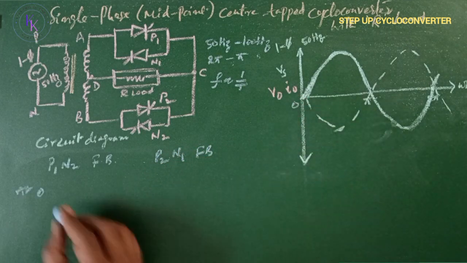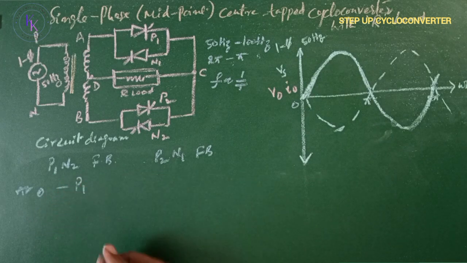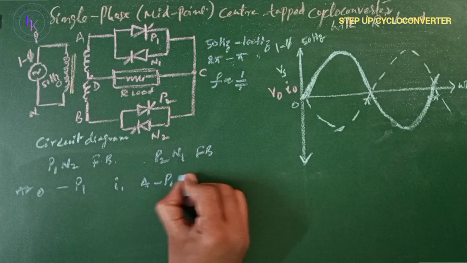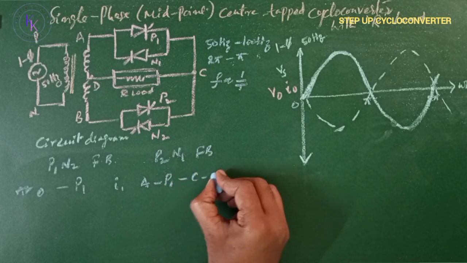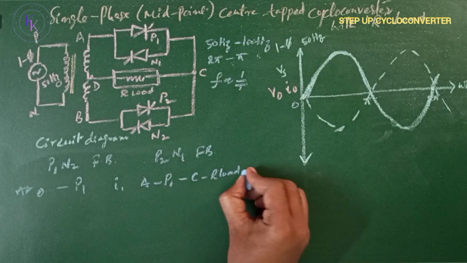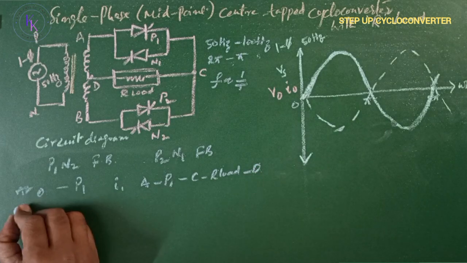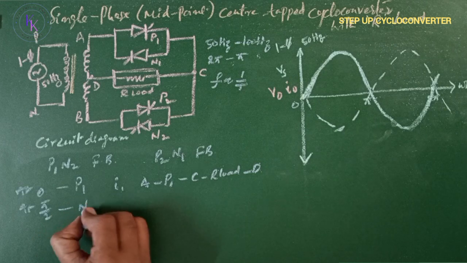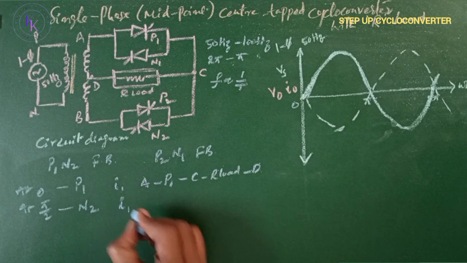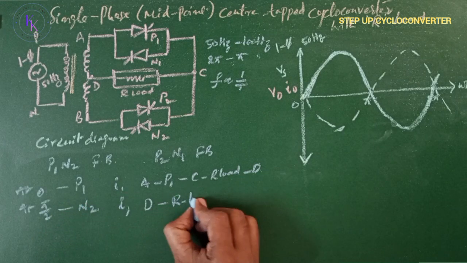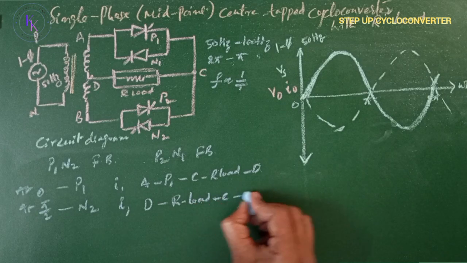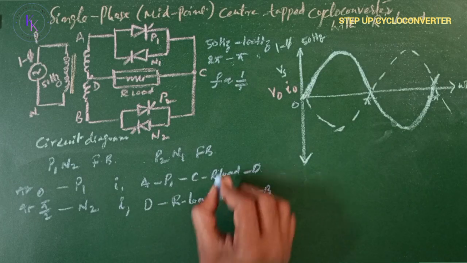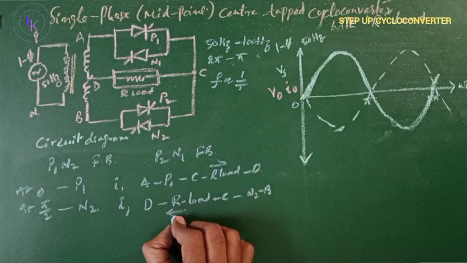At 0, I'm turning on the thyristor P1, then the current flows from A to P1 to C through the R load to D. At pi by 2, which is in the positive half cycle, I'm turning on N2. Then the current flows D to R load to C to N2 to B. You can observe the current direction is reversed here.